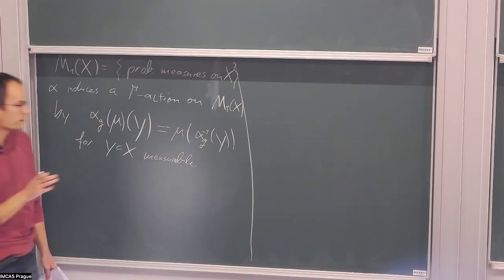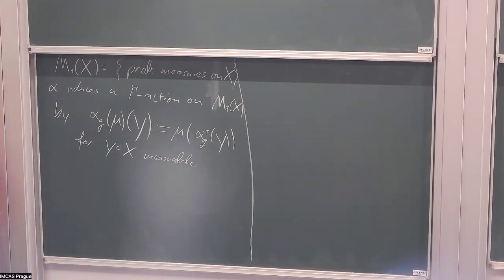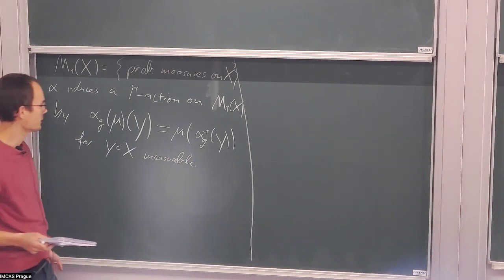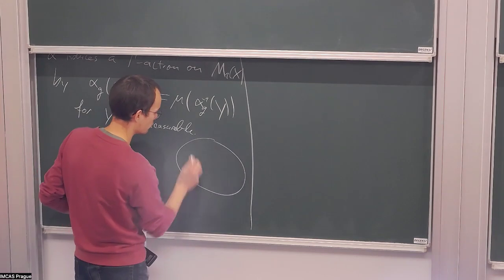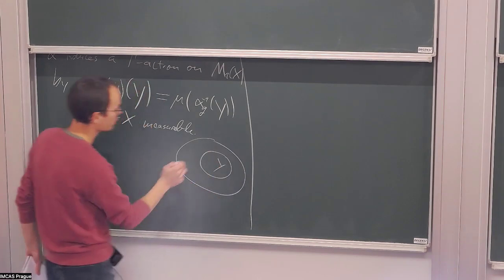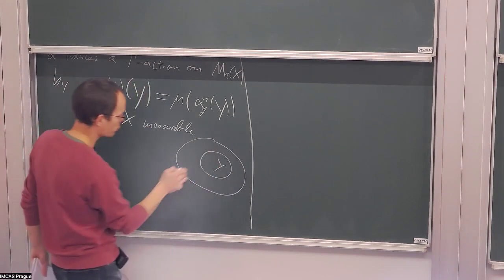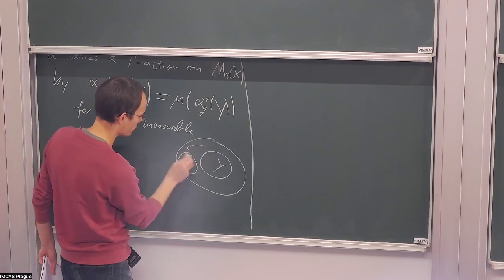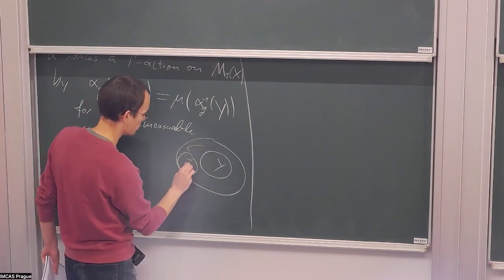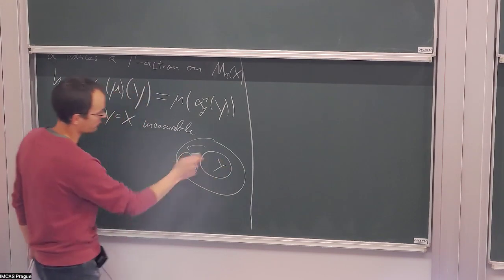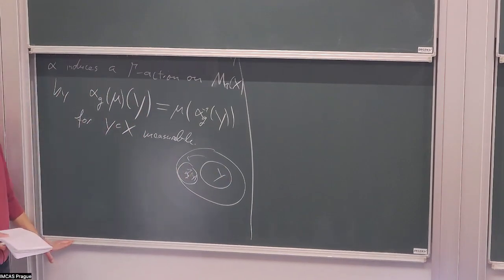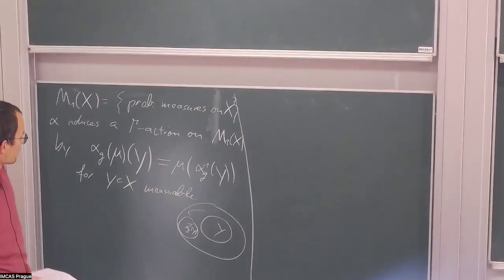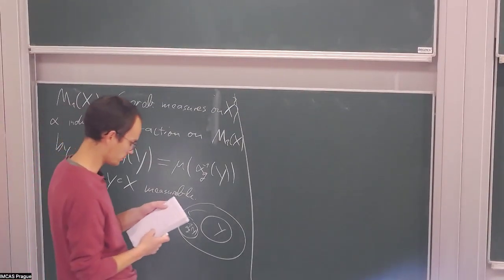Right, so I translate a measure by shifting the space somehow. The measure of some set Y in this new measure should be the measure of the set that I translate by the inverse of g. Okay.